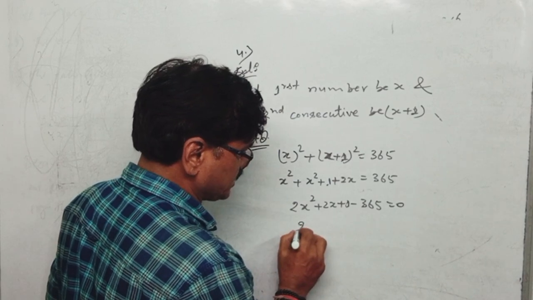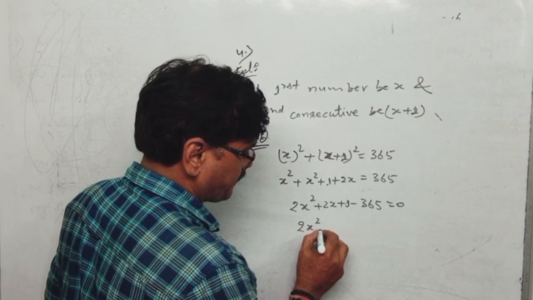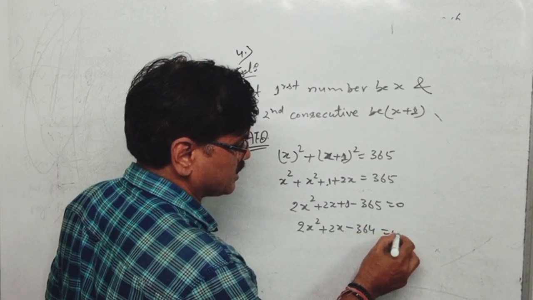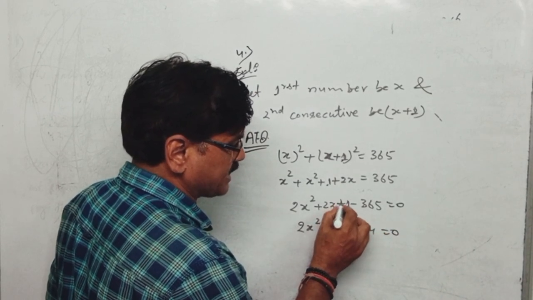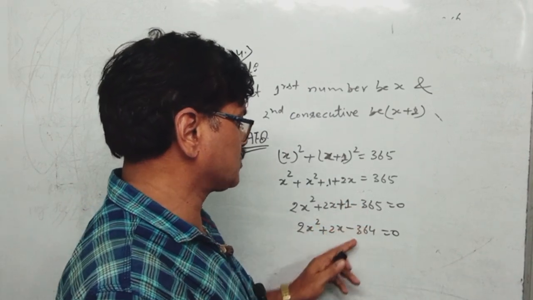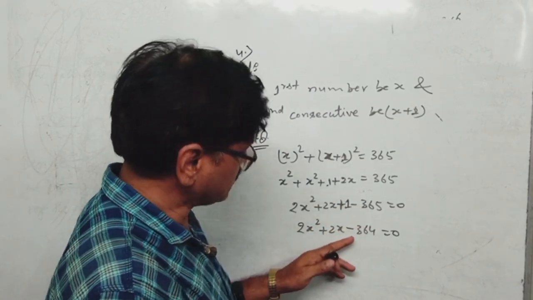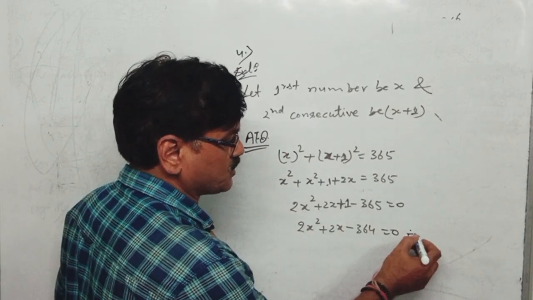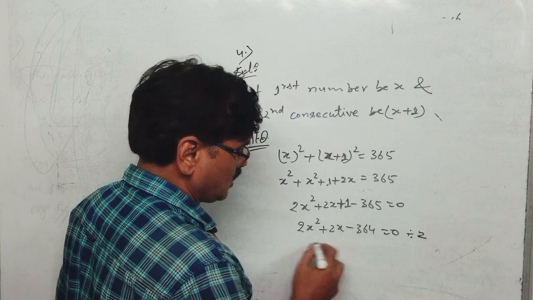Here we will subtract: 2x square plus 2x minus 364, because different signs should be subtracted and the sign should be of the greater one. Now divide by 2 and simplify.